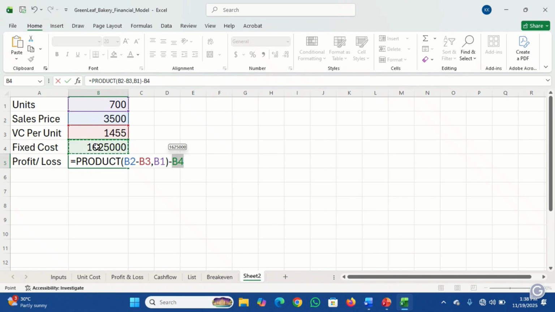So this is exactly the formula: sales price minus variable cost times the number of units minus the fixed cost.